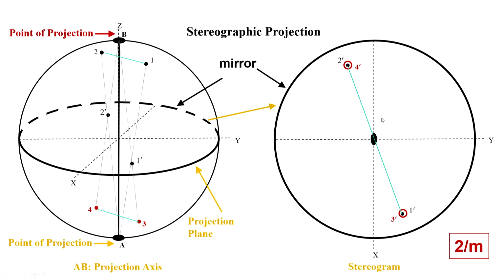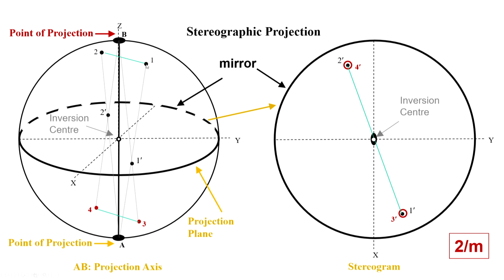So you can easily read this, and I should also say that 1 prime can go to 4 prime through an inversion center. And where is this inversion center in the sphere? The inversion center is right at the center of the sphere.